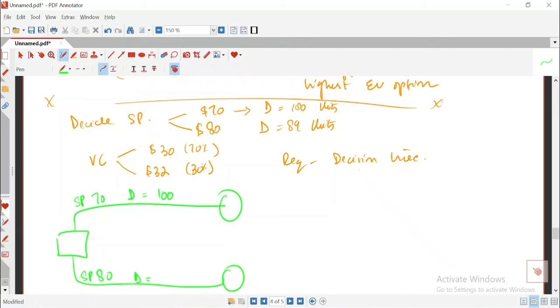And if we charge it as 80, our demand is going to be 89 units. Now, अब हमने selling price 70 charge करी, so we have एक uncontrollable factor which is variable cost of 30, जिसका chance है हमारा 0.7, that is 70%. And if we choose selling price 70, another chance is variable cost of 32, जिसके chances हैं 0.3.